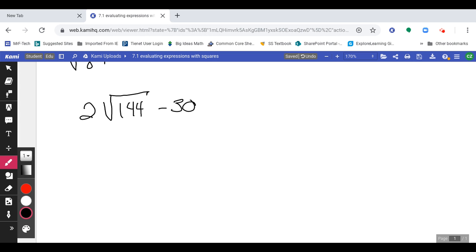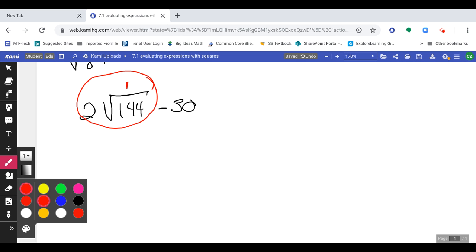Well, my first operation is going to be take the square root because it's an exponent. There's no parentheses, but I have an exponent or square root, so that's my first. At that point, I'm going to multiply. That's the M, right? Multiplication and division from left to right. And then the last piece of it is subtraction. Okay, and that's right here. All right, so let's go through those steps.